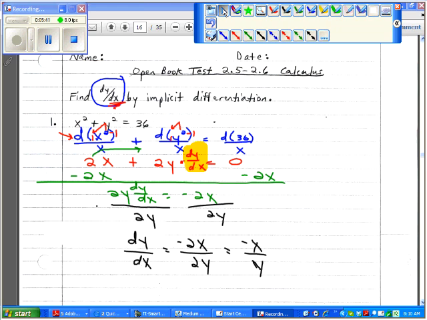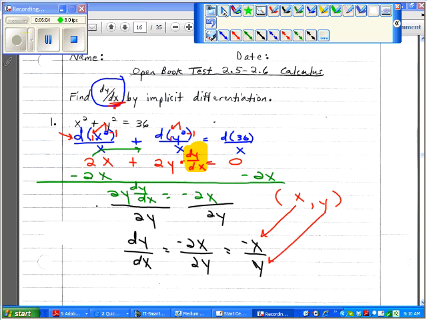Now, what does that represent? What does derivative always represent? The slope of the tangent line at any given point. And if we wanted the slope of the tangent line at some point x, y, then what we would have to do is plug in the x and the y.